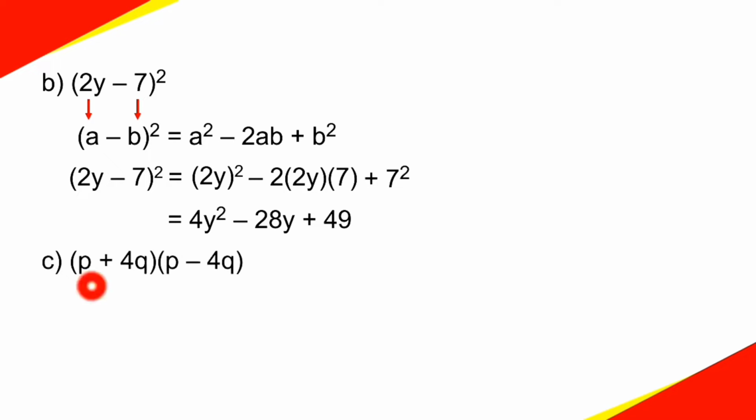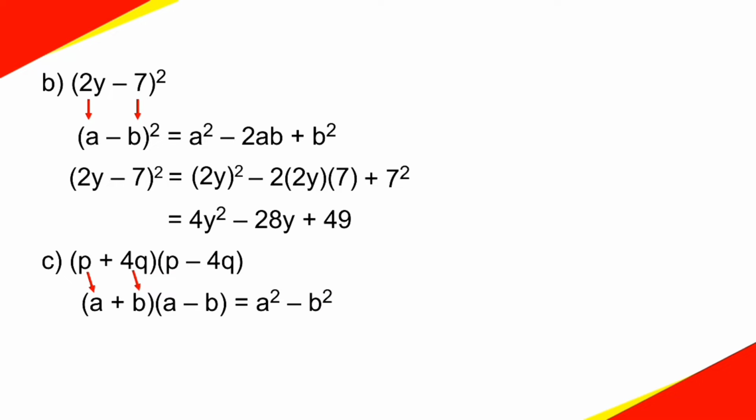Now we are going to the option C, that is (p + 4q)(p − 4q). By seeing this, are you getting any identity? Do you remember any identity? Right, that is (a + b)(a − b) = a² − b². Your third identity. Once we compare, yes, a value is p and b value is 4q.